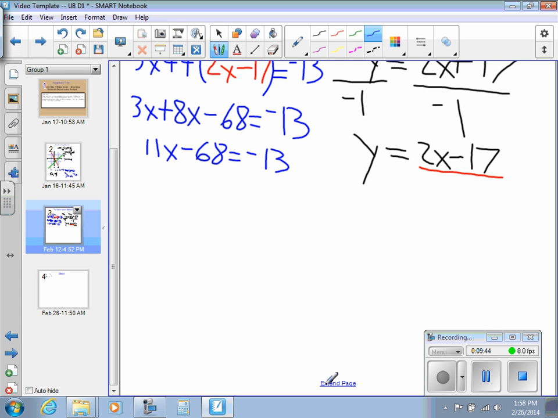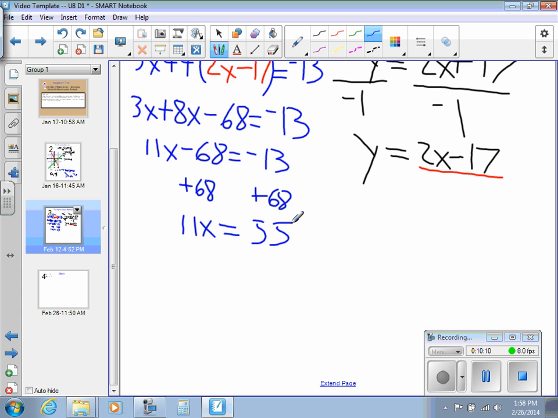And now I'm going to add 68 to both sides of the equation. So that'll give me 11x equals, okay, let's see here. 68 minus 13. Well, 8 minus 3, that'll give me 5. And 6 minus 1, that's 5, so I've got 55.